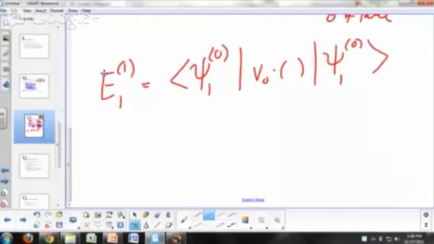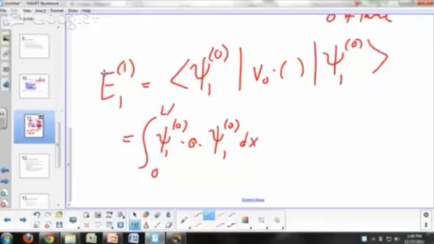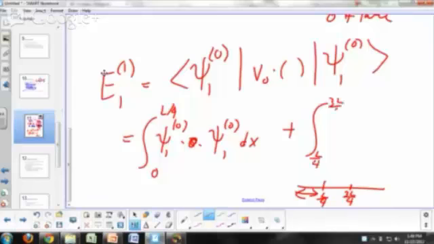To make things easy, let's just split this into 3 integrals. Our first integral will be the integral of psi 1 naught times 0 times psi 1 naught dx from x equals 0 to x equals L/4. That's for the first quarter of the box. Your V naught there is 0, right? What's your integral from x equals L/4 to x equals 3L/4?